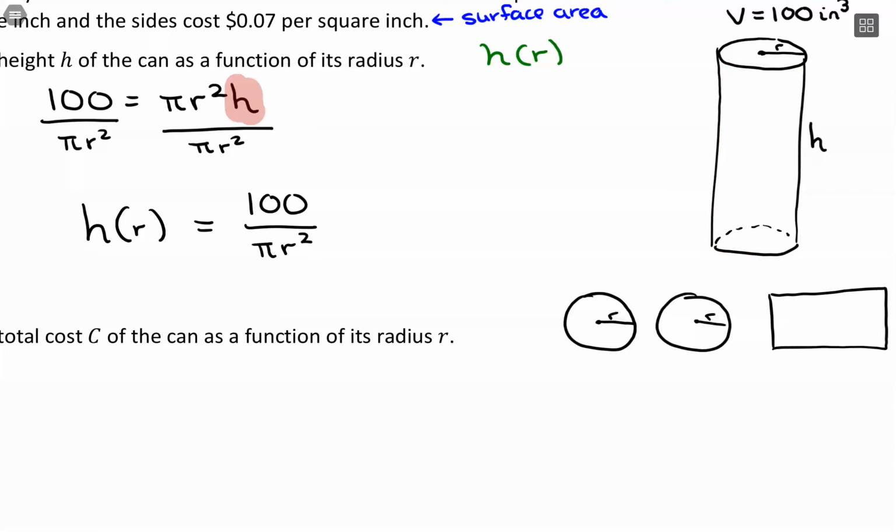It depends on how you imagine you cut it, but one of the sides would be the height, and the other side would come from the circumference of the circle. As a refresher, circumference of a circle is 2 pi r, and then area of a circle is pi r squared.